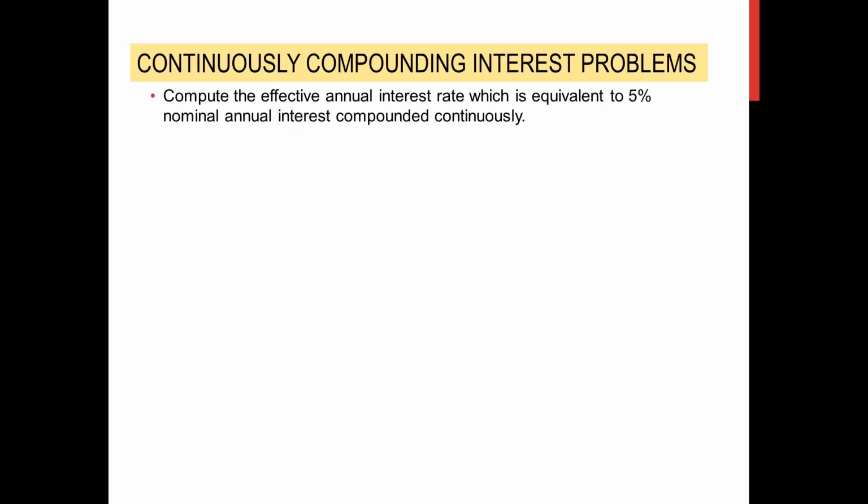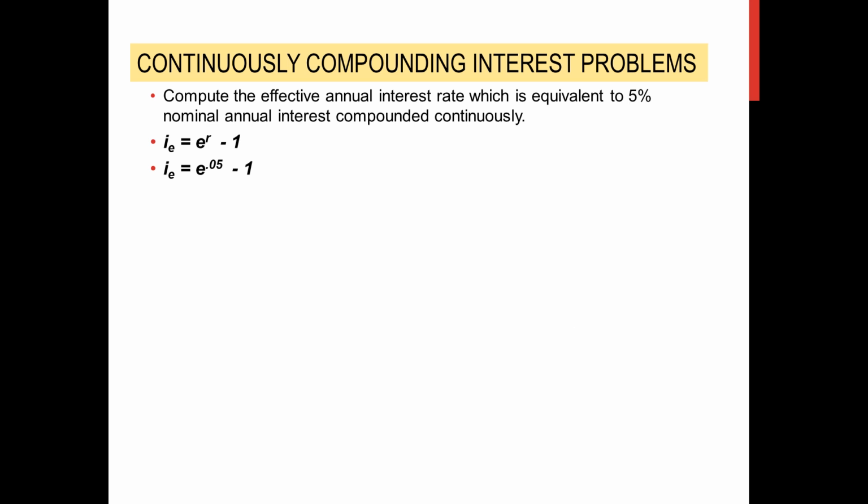So next, compute the effective annual interest rate which is equivalent to 5% nominal annual interest compounded continuously. This time we are going to use the effective rate of interest formula.